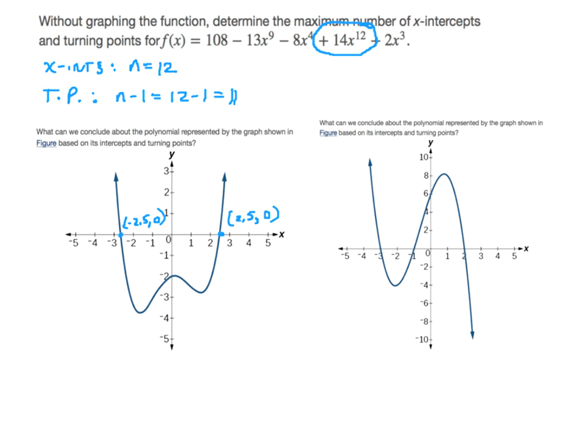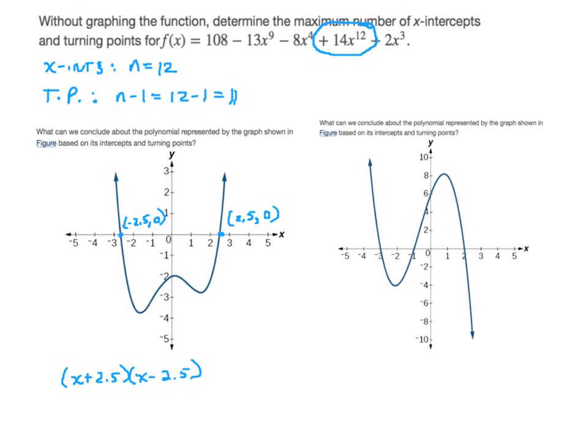Which means those came from linear factors, x plus 2.5 times x minus 2.5. So that's where those x-intercepts came from, because I had to use the zero product property to find that positive 2.5 and that negative 2.5.